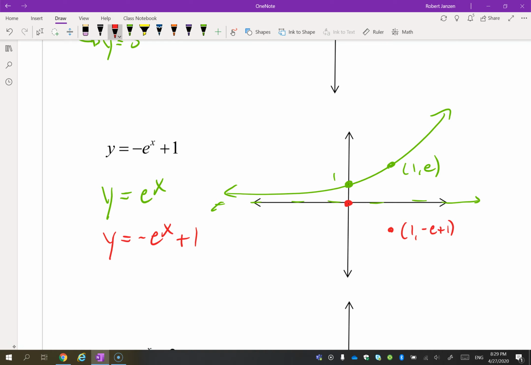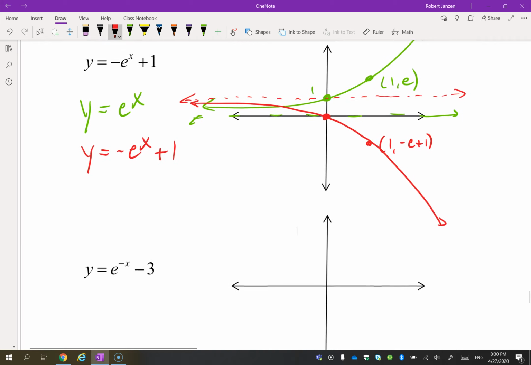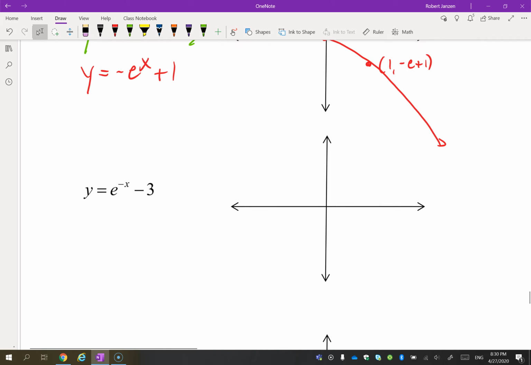Now, in your head, you know that's about negative 1.7, but you don't have to write that. And where does the asymptote go? Well, if we flip it at 0, it stays at 0, and then up 1. So it looks something like this. This graph would be like that. And the nice thing is x and y intercepts are already figured out for that one.